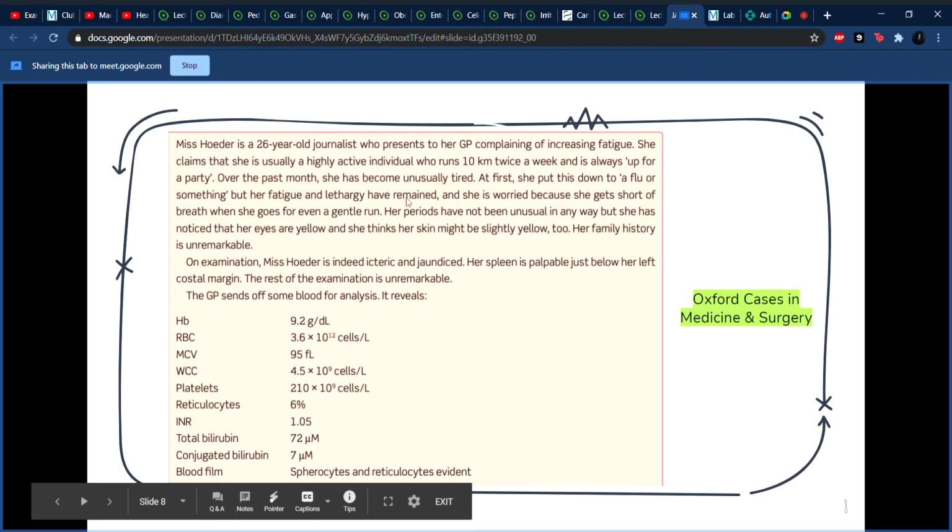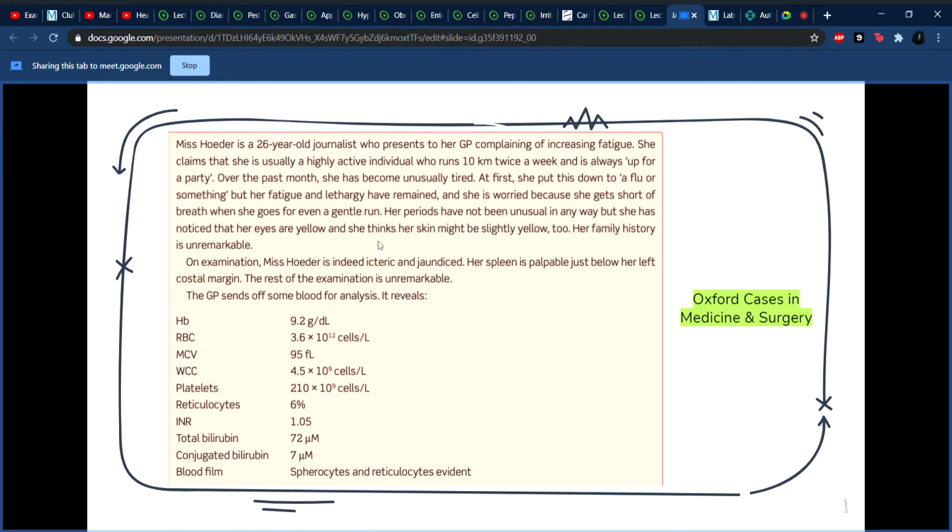Okay, so this history we actually took from Oxford Cases in Medicine and Surgery, and it's not complete. What do you guys want to ask further for this history? If let's say the investigation is not there and the PE is not there, we know the chief complaint, we know the onset is for the past month, it gradually became worse.